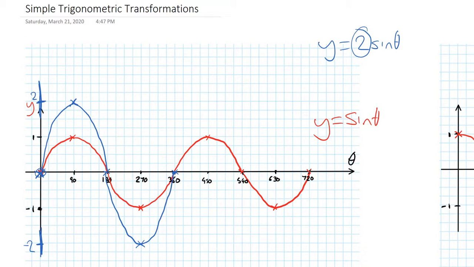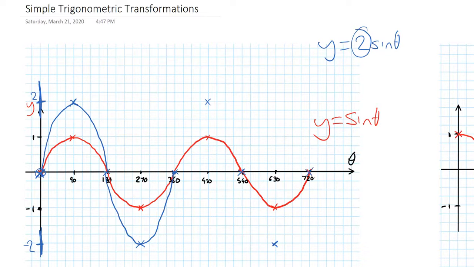And just like in all the other examples, this repeats itself every 360 degrees. So at 450, we're going to be right up here at 2 again. Back down to 0 at 540. At 630, we're going to be back at -2, because of course we did have -1, and -1 multiplied by 2 is going to be down here at -2.